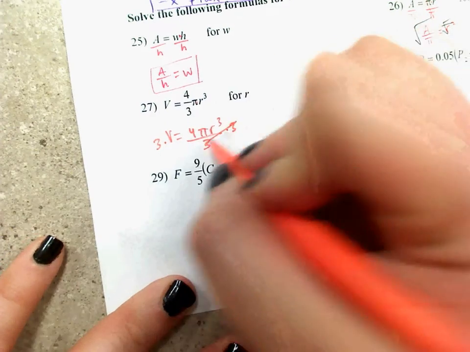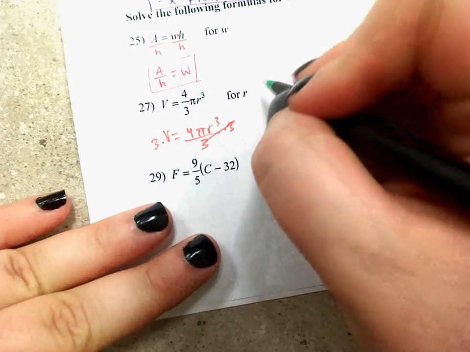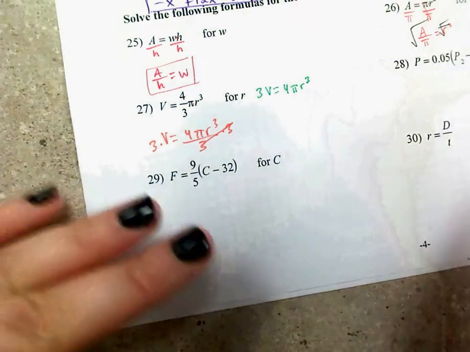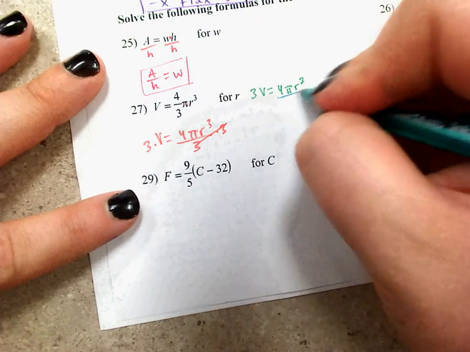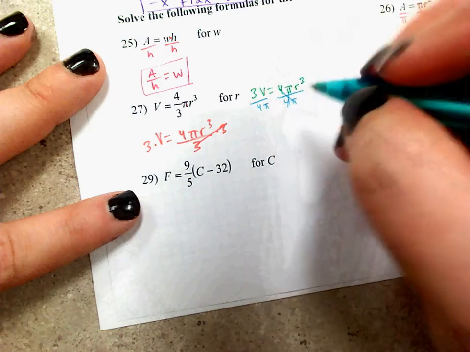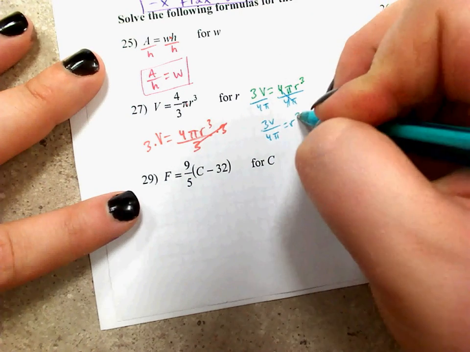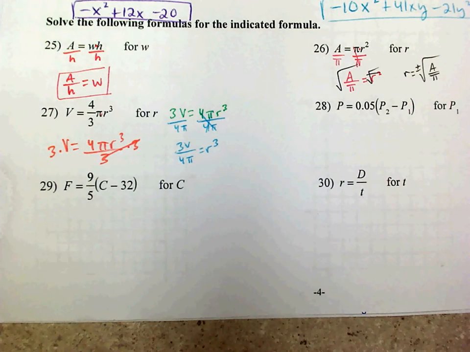You would want to get r by itself, so you would have to divide by 4 pi. And then 3v over 4 pi equals r cubed. And if the square root is the opposite of the square, then the cube root is the opposite of the cube. So we would take the cube root of both sides. Okay? So r equals the cube root of 3v over 4 pi.